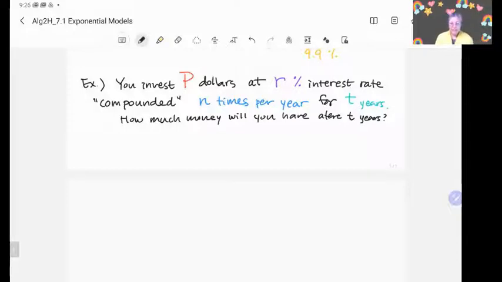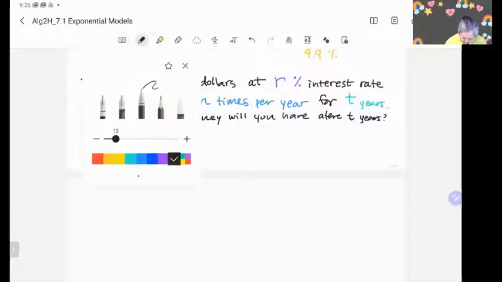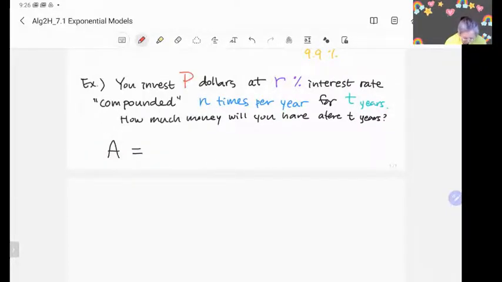In this case, with the color-coded parts on the formula, the exponential model, here goes the amount after T years, the amount. The principal is the initial amount that you start with.